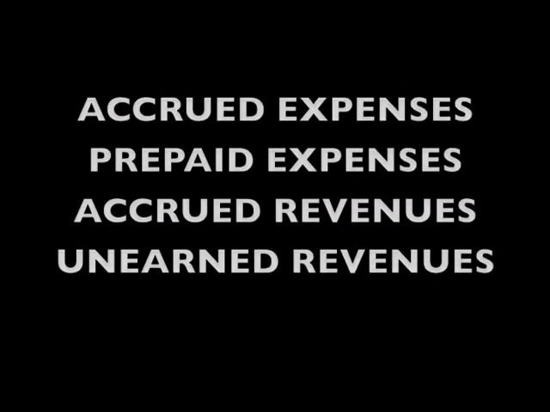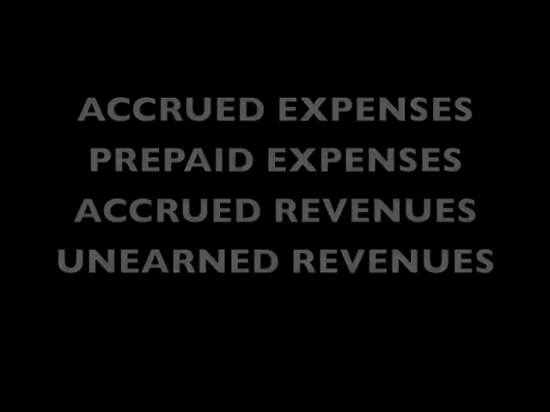Here in Chapter 5, we're going to look at 4 different types of accounts that typically have to be recorded or at least changed because of time. And those are accrued expenses, prepaid expenses, accrued revenues, and unearned revenues. Those make up a fairly good percentage of the adjustments that most companies need to make prior to producing financial statements.